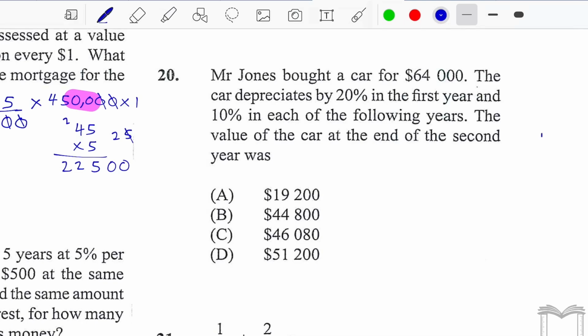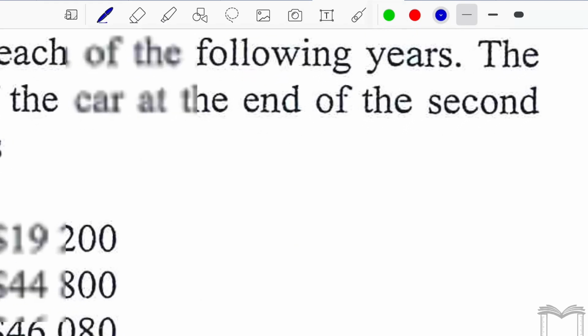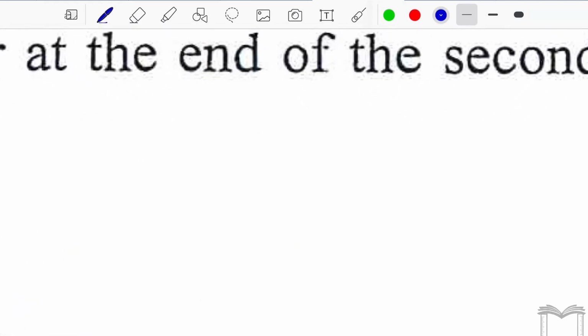So 20% in the first year. So let's find 20% of the $64,000.